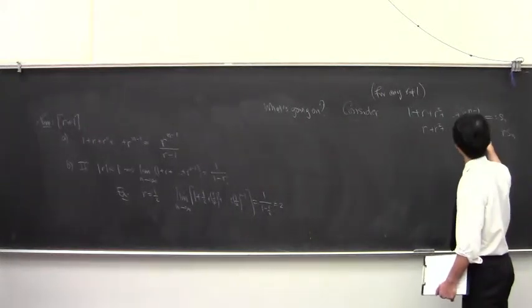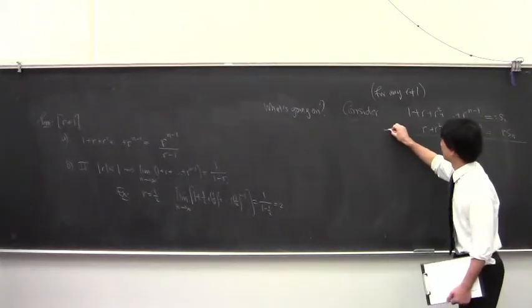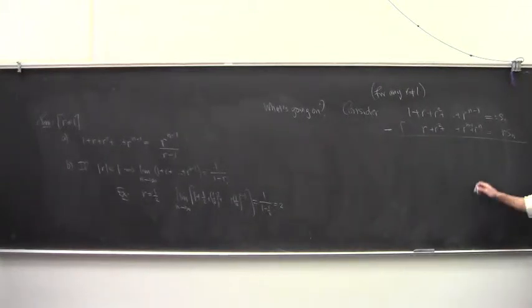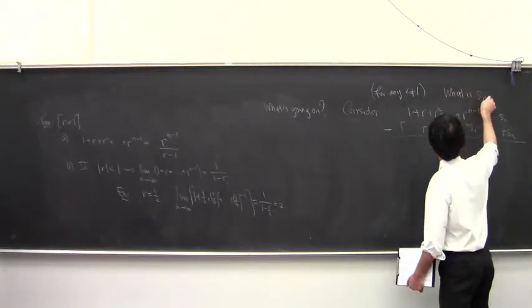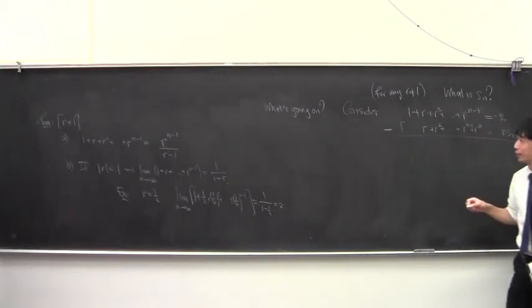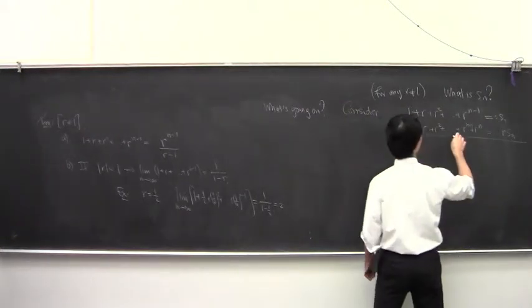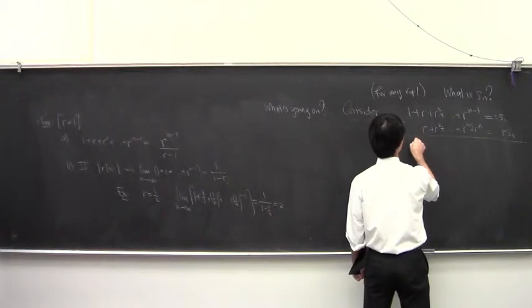Okay, so now I'm going to subtract. Our goal is to figure out what s of n is. I think I may have it wrong over there, but we'll figure out what it is anyway. So what do you get?